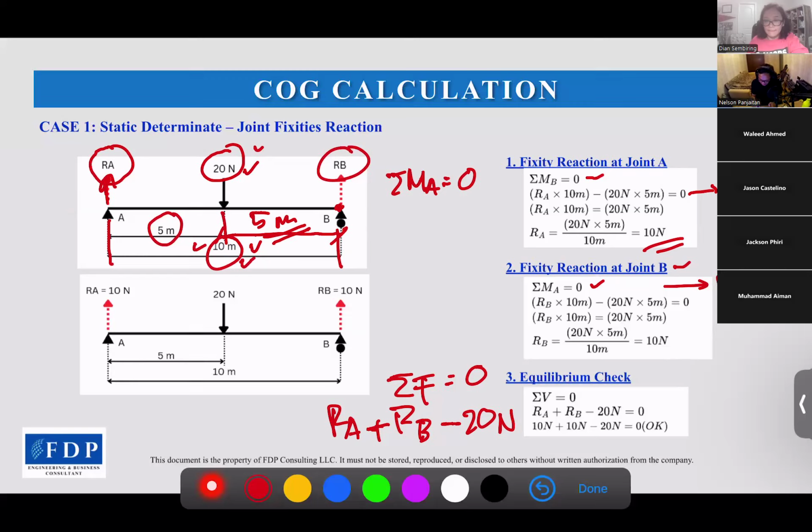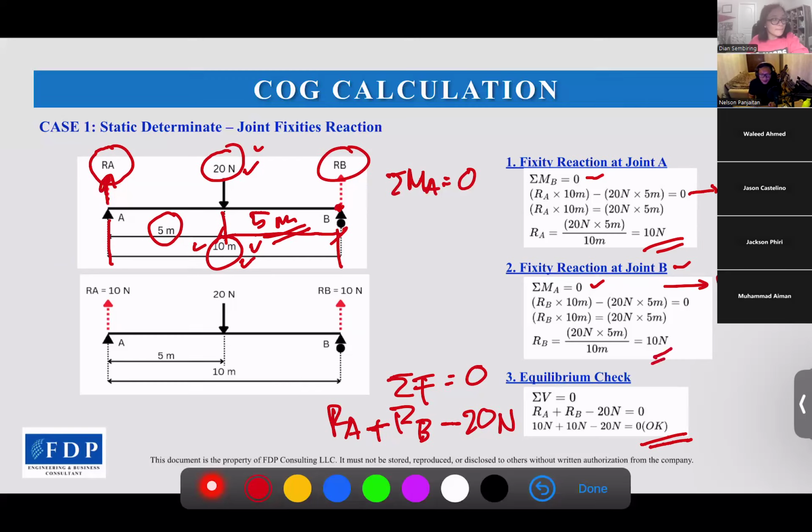Reaction at A we get 10 Newton, and at B we get 10 Newton. 10 Newton plus 10 Newton is 20 Newton. 20 Newton minus 20 Newton is 0. Then we can conclude that the system is already in equilibrium. So the reaction at A is 10 Newton, and at B is 10 Newton.